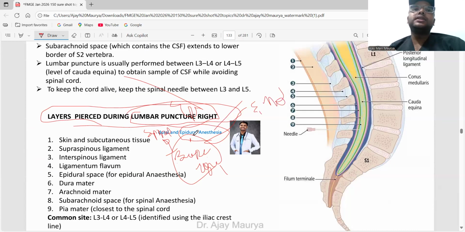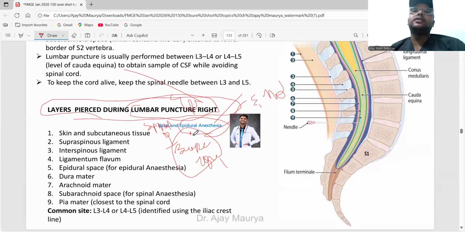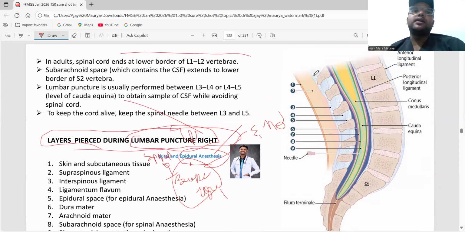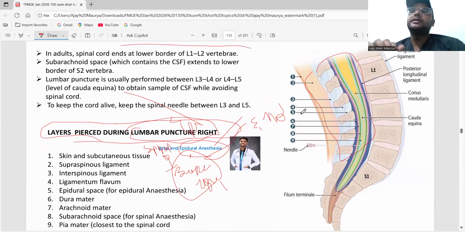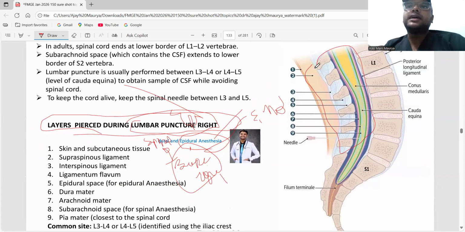So while doing the spinal anesthesia, these are the layers that we are going to pierce during that procedure. The first one is the skin. The next is the supraspinous ligament.